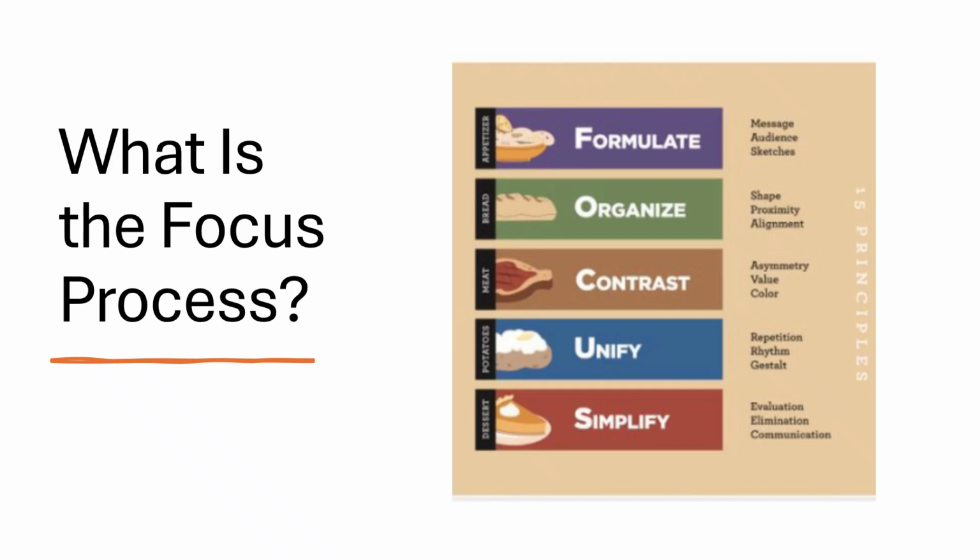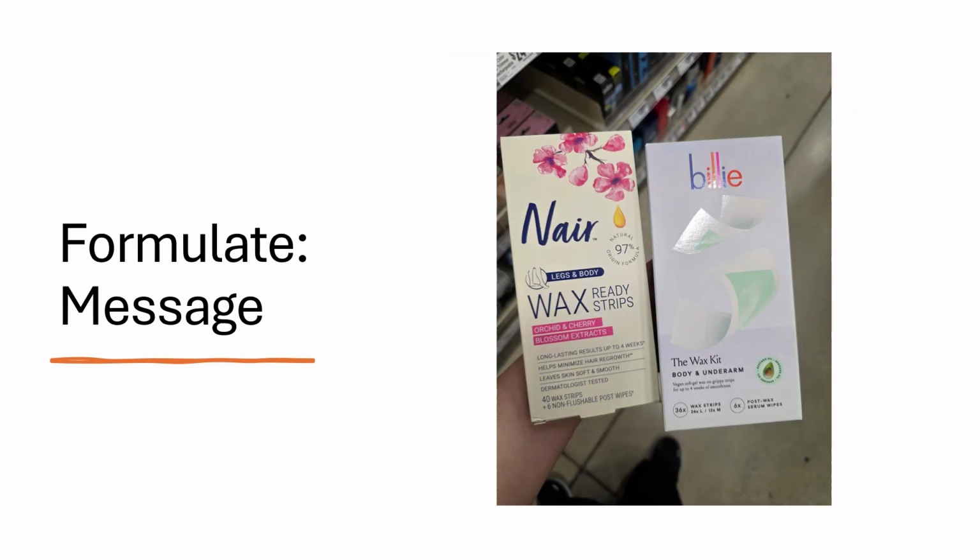So the first of the 5 principles will be formulate and message. As you can see, we have 2 products here. One is the Nair Wax Strip Kit versus the Billie Wax Strip Kit. On Billie's packaging, it is clean and modern.